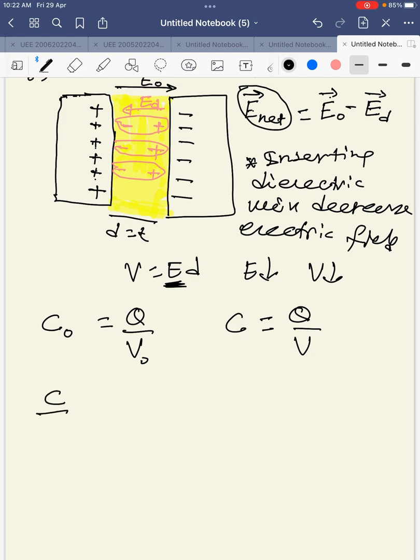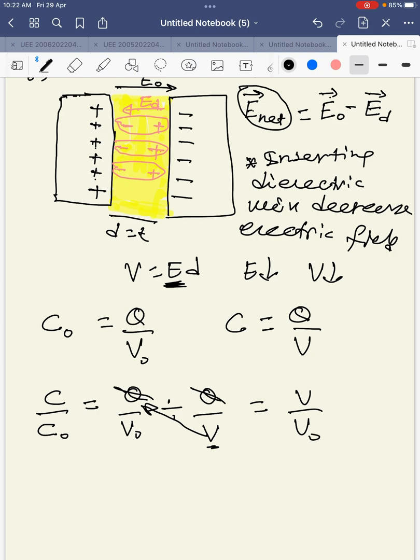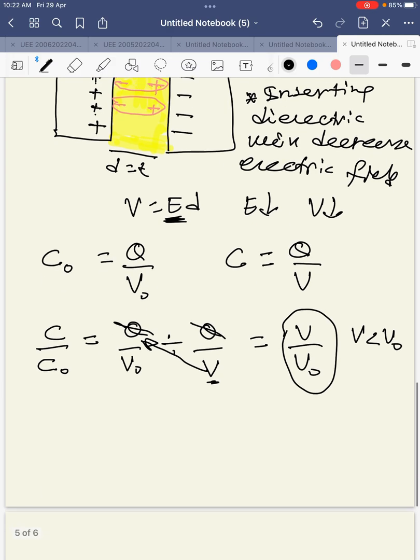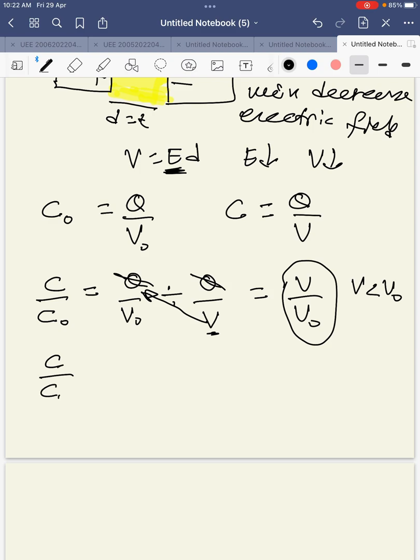Capacitance with dielectric over capacitance without dielectric is equal to Q over V naught divided by Q over V. You cancel Q by Q and take this V to this side. Is equal to V over V naught. But V is less than V naught.